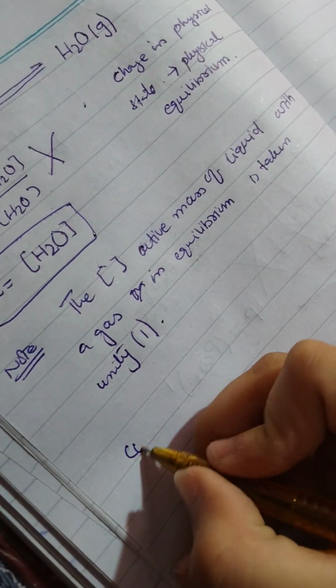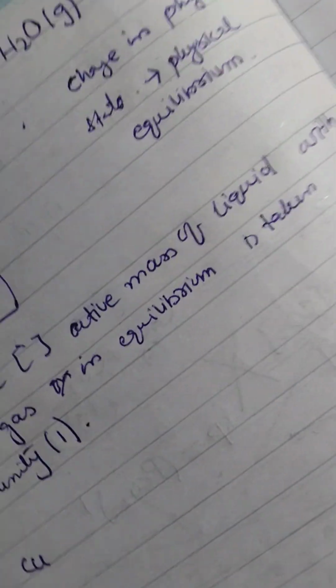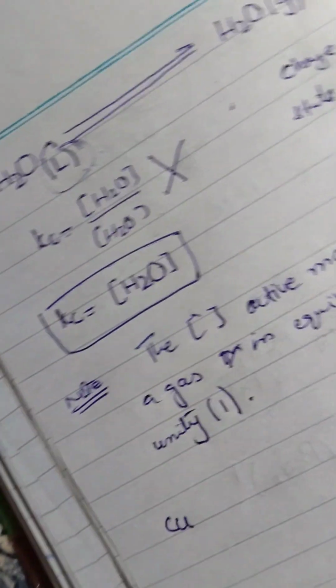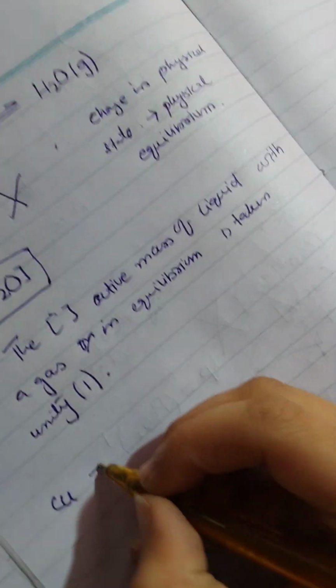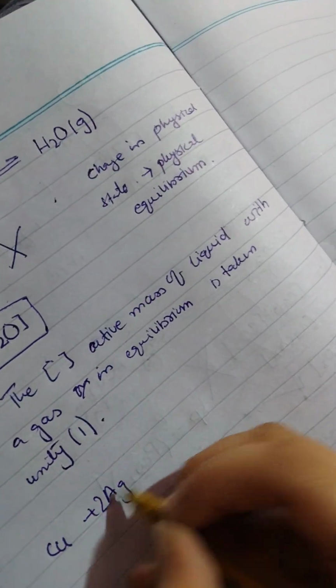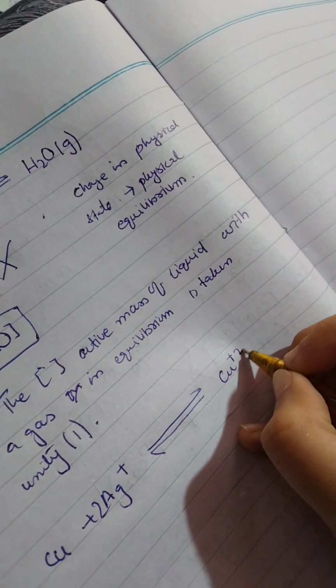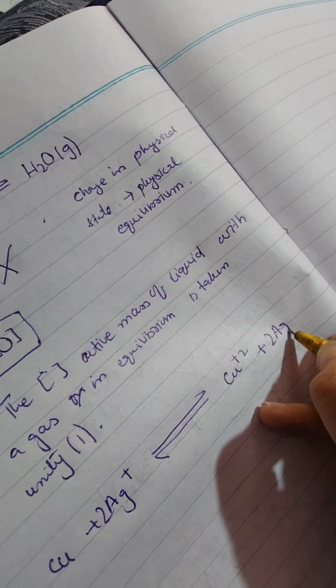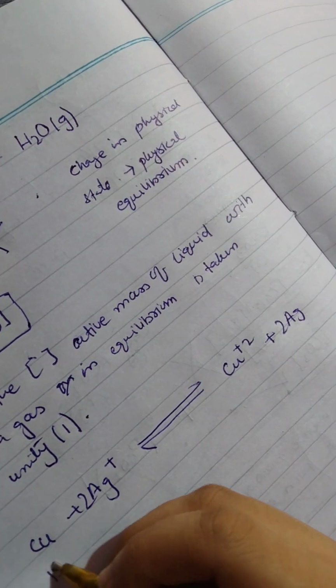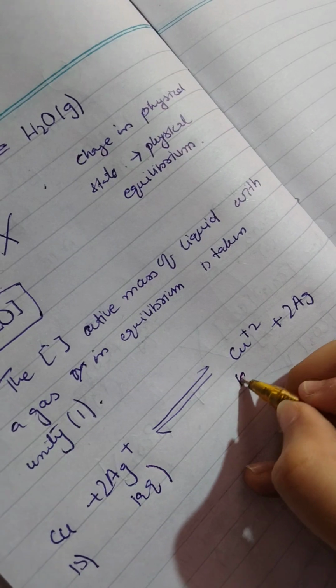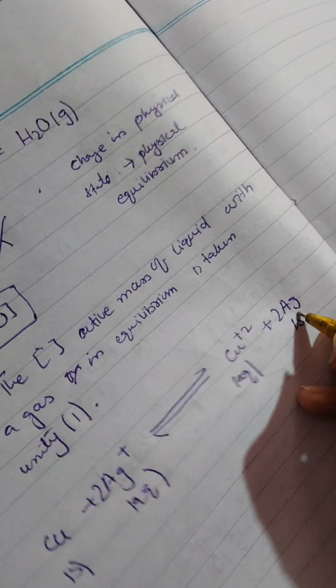Then we have another reaction where we have copper and silver ions, right? Consider that we are having copper plus Ag 2 plus, so this is in solid, this is in aqueous, this is also in aqueous, and this is in solid, right?